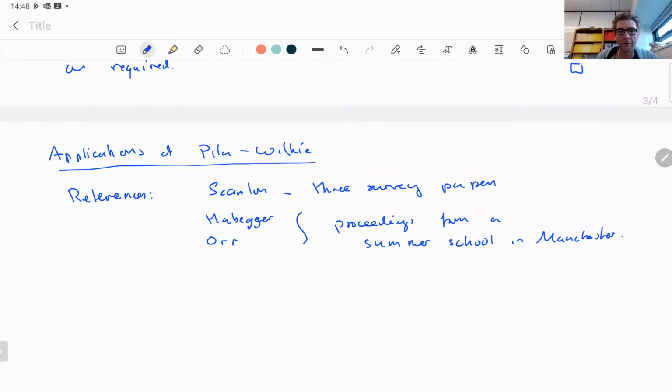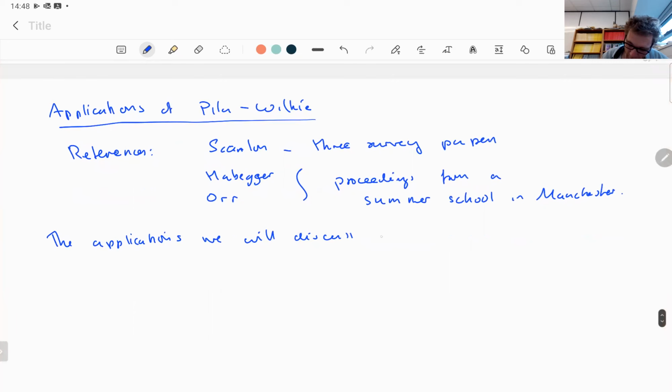I'm going to upload a file of references once I've finished the lectures. But these are some things to look at for this section, and I'll give more references later on. Okay, so the applications I'm going to talk about concern elliptic curves.